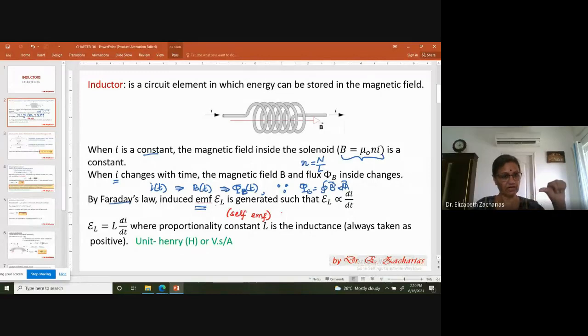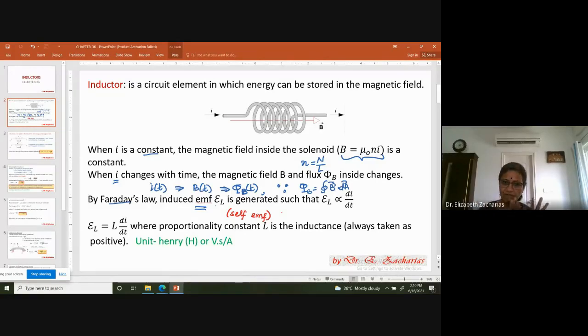If on the other hand, this current that you're passing is decreasing, the magnetic field is decreasing, the flux is decreasing. Lenz law doesn't like it. So what it will do is, it will create some additional induced current in the same direction, and an additional induced magnetic field in the same direction. So it's all the same.